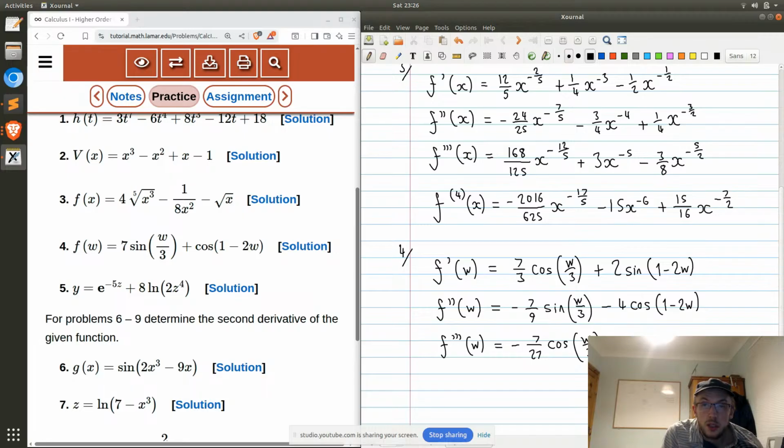Or wrong. Be careful, be careful. Okay. That goes to sine, but then that shall have a minus sign in front of it. Nearly there.